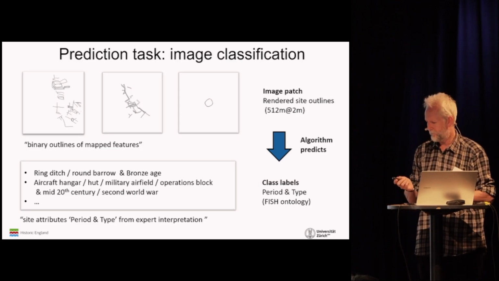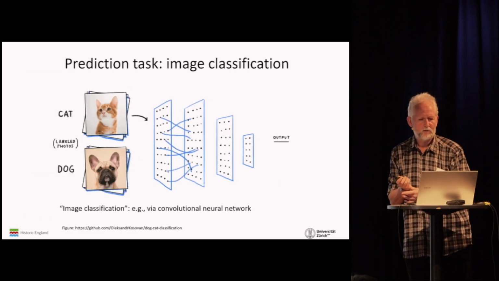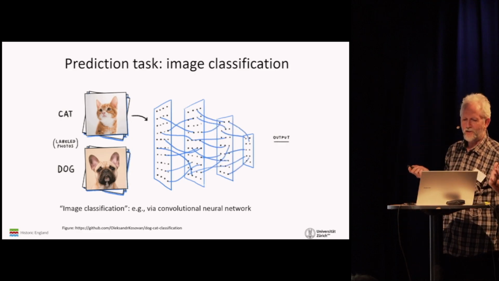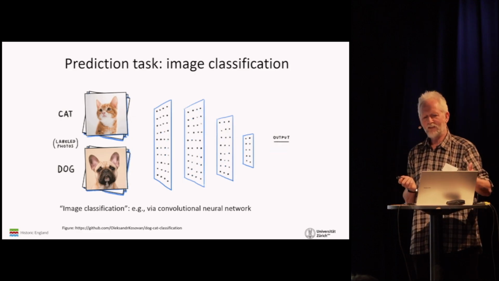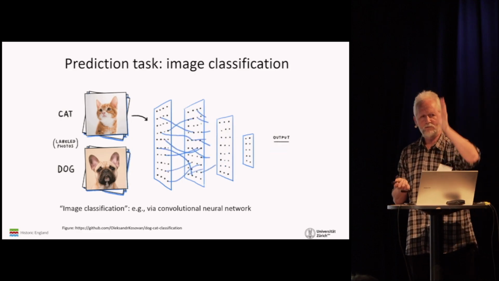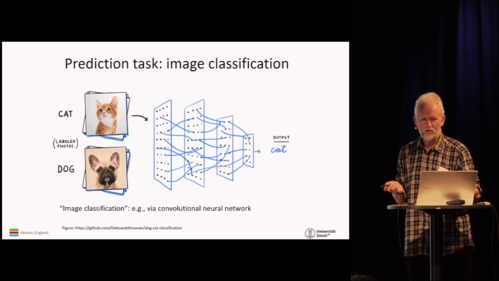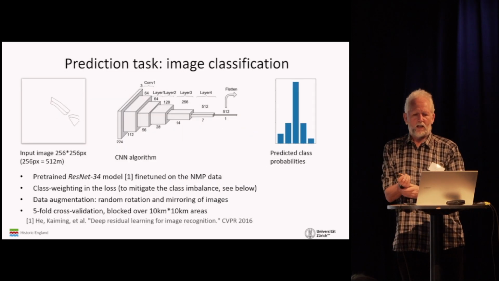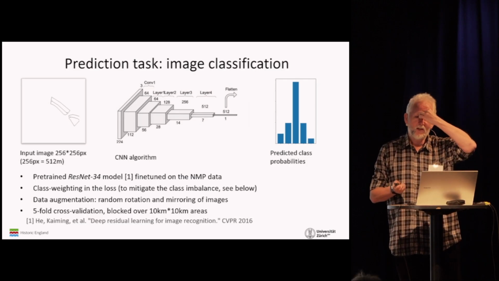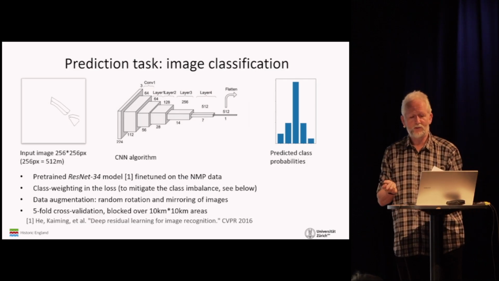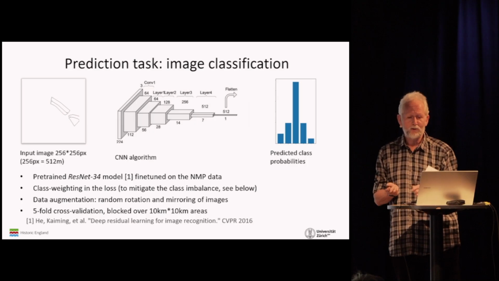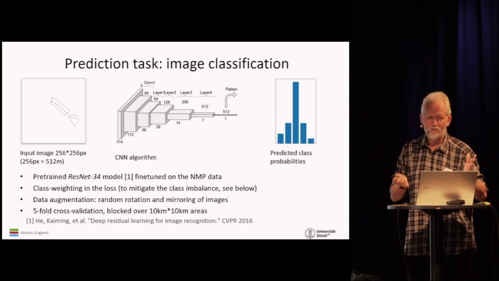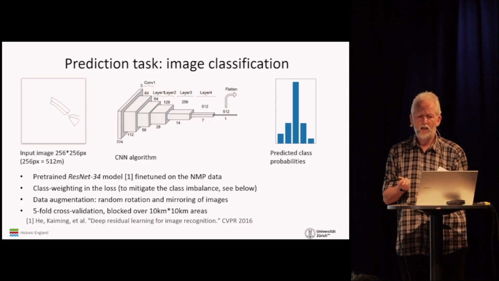That's the theory. This is a nice little image to show it in simple terms. You put a photo of a cat in, it runs through lots of other images, and it comes out, yes, this is a cat. Now the technical bit. ResNet 34 is a widely used, easily available and proven model for this sort of image classification.